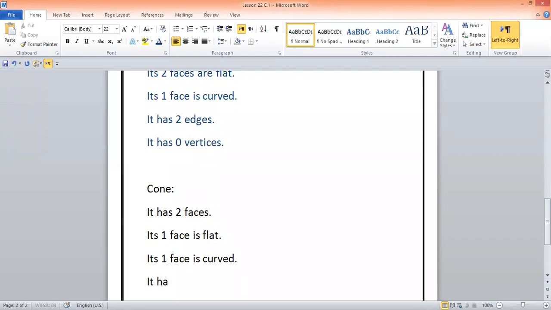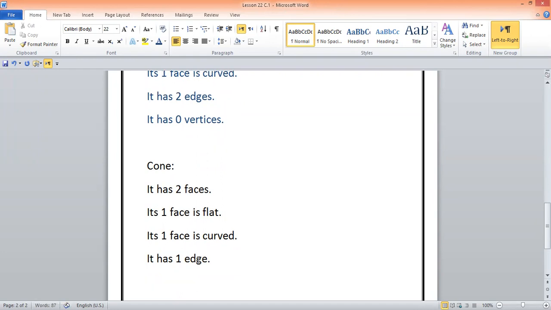It has one edge and it has one vertex. Write about the cone. It has 2 faces, it has one edge, and it has one corner. Its one face is flat and its one face is curved.